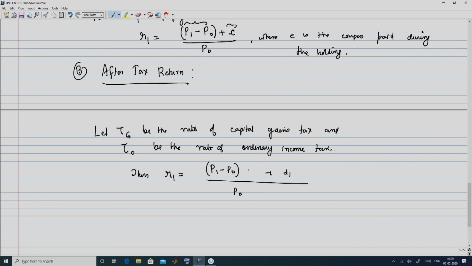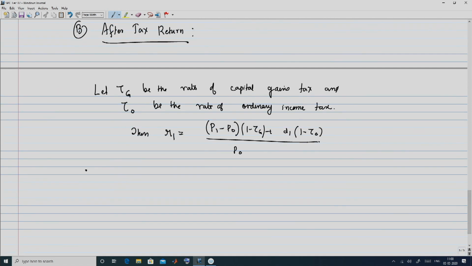So, that means the amount of money that remains with you is P1 minus P0 into 1 minus tau g, and also for the dividend you have to pay the income tax at the ordinary rate. So, that means on the amount of D1, after having paid the ordinary income tax at rate tau o, you are left with an amount of D1 into 1 minus tau o.